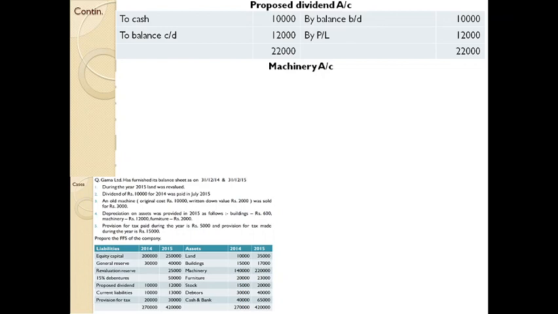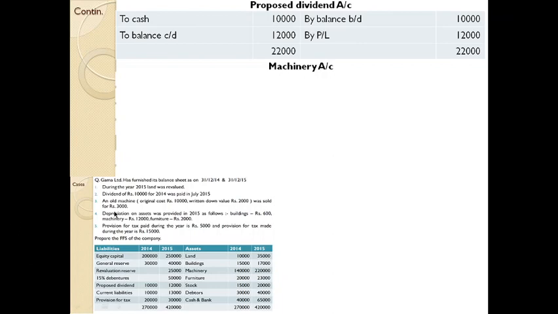Remember, previously I said that if you take the difference between original cost and written down value, you will get depreciation, and that has to be recorded as depreciation on machinery. But in this question, in the next line it is said that depreciation on machinery is 12,000. So which amount has to be taken? That is an issue you have to face while dealing with the question in the examination.